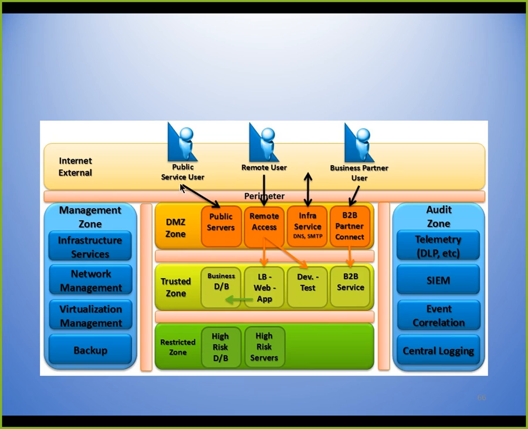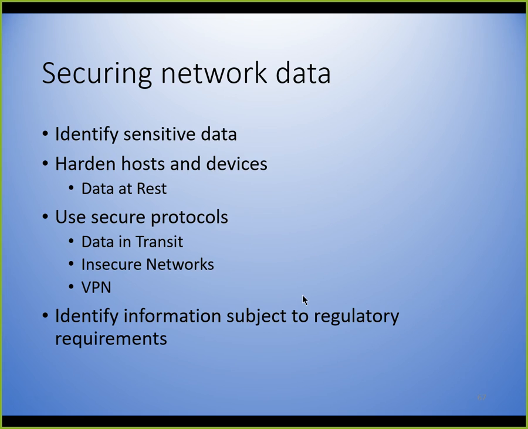The public service user goes to the public servers. Here we have our remote users, remote access to the web server, the business server, maybe go to the development and test. Over here, the business partners go to the business partner service. So we can isolate all of these things by VPNs, by VLANs, and just separation of services within the network itself.